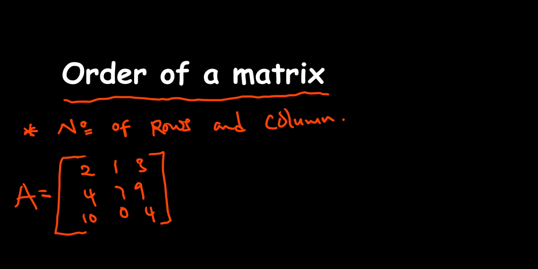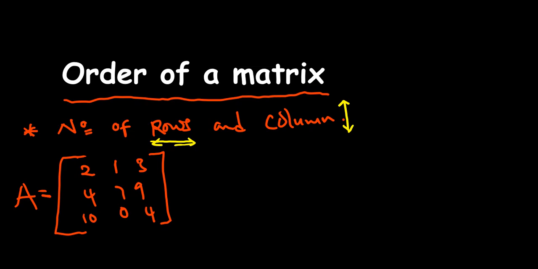We must know that rows go horizontally, and columns go vertically, down to the bottom. Whatever you see vertically is called a column, and whatever you see horizontally is called a row.